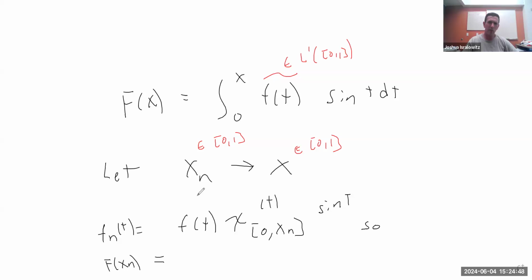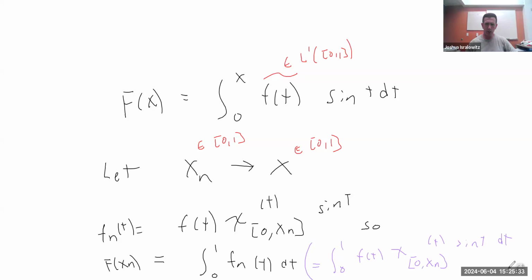The big F of xn is just the integral of fn, because you're integrating a characteristic function, and the characteristic function just cuts it off to 0 to xn. And this is exactly what big F of xn is.